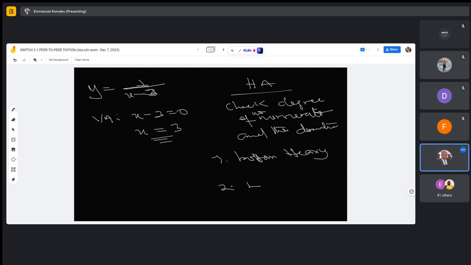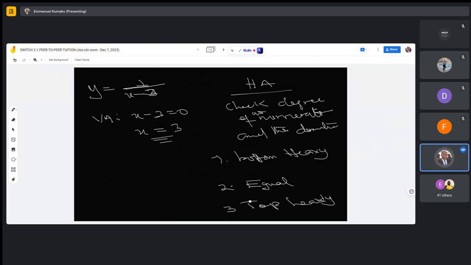They may be equal. The degree at the top and the degree at the down will be equal. The last one you can also have is top heavy. That is, the degree at the top will be more than the degree at the down.